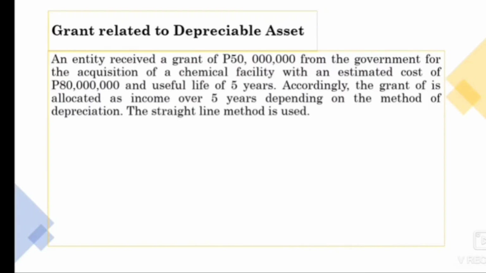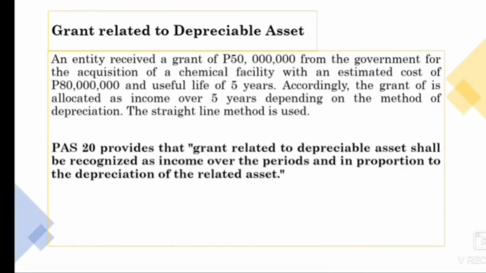Accordingly, the grant is allocated as income over 5 years, depending on the method of depreciation. The straight line method is used. So, sabi dito sa past 20, yung grant related to depreciable asset daw shall be recognized as income over the period's end in proportion to the depreciation of the related assets.